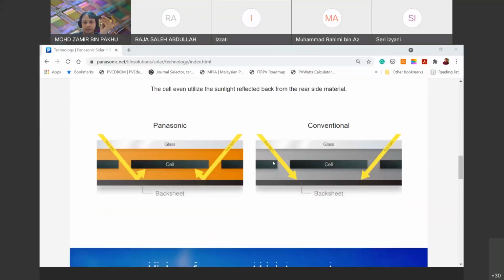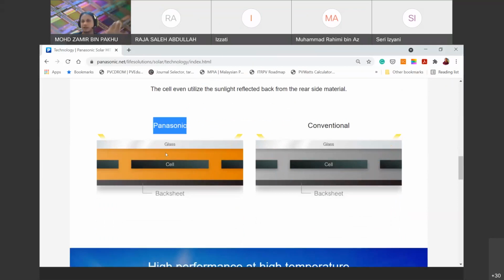Tengok kat sini, the conventional technology only hovers on one side, but the bifacial technology by Panasonic, and in fact, it's being manufactured by some other manufacturers as well. So you can also harvest the sunlight at the back by manipulating the backsheet reflection. In this case, the ground albedo that I'm saying. Okay, so this will increase the power from the panel by about 20% to 30% max, right?